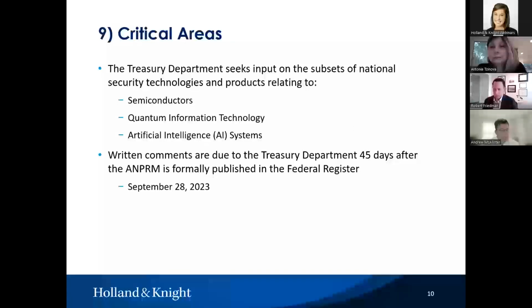So again, there are lots of areas. The Federal Register does a pretty good job of making those prompts, but things that are not specifically prompted in the Federal Register can still be commented on.